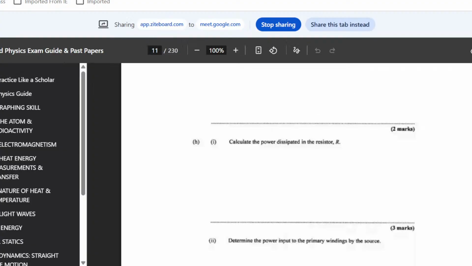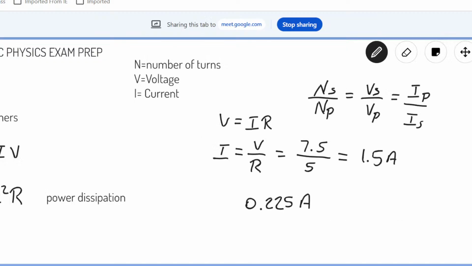All right, so they calculate the power dissipated in the resistor. So what would I be? This one was I2, or this one was I1.